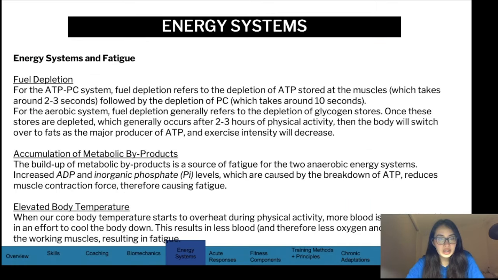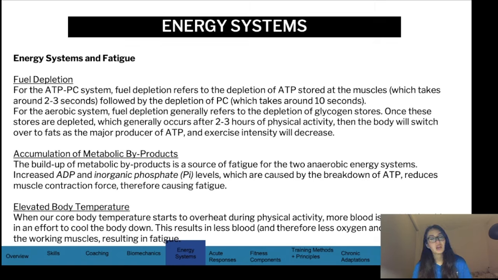Okay, so these are different causes of fatigue. If we deplete all the fuel in our body, if we deplete all the fuel for the ATP-PC system, like we completely run out of ATP stored at the muscles and the phosphocreatine, and this is quite common, if we sprint for 15 seconds, we're going to use up all that. Once these are depleted, then the body will switch over to using glycogen instead.